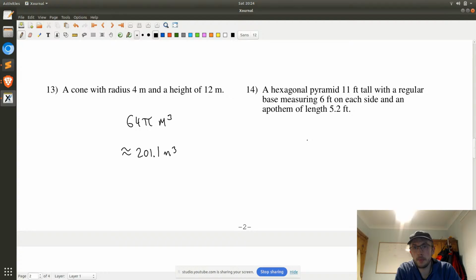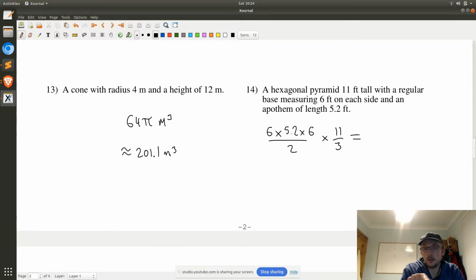A hexagonal pyramid, 11 foot tall, with a regular base measuring 6 foot on each side and an apothem of length 5.2 feet. So 6 times 5.2 times 6, divide all that by 2, multiply that by 11, and divide all that by 3 to get the final volume.